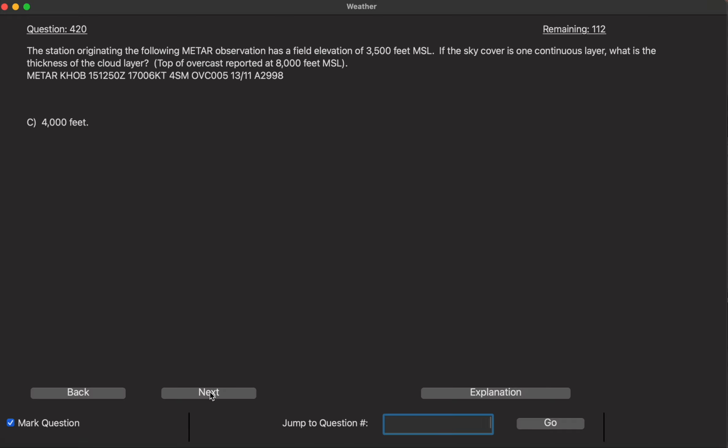The station originating the following METAR observation has a field elevation of 3,500 feet MSL. If the sky cover is one continuous layer, what is the thickness of the cloud layer? The top is reported at 8,000 feet MSL.